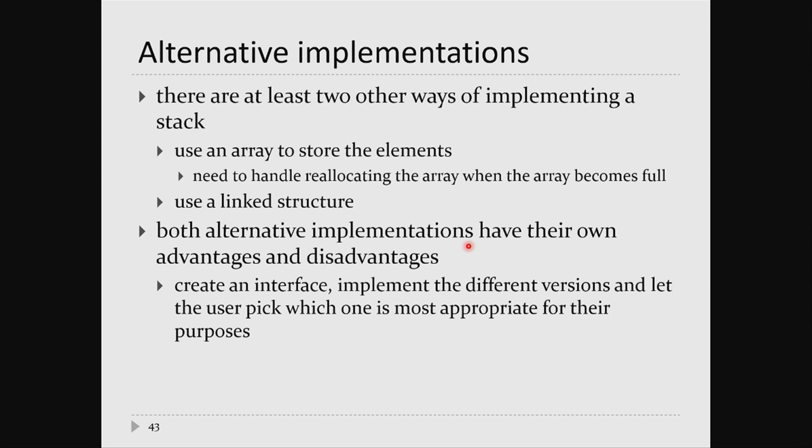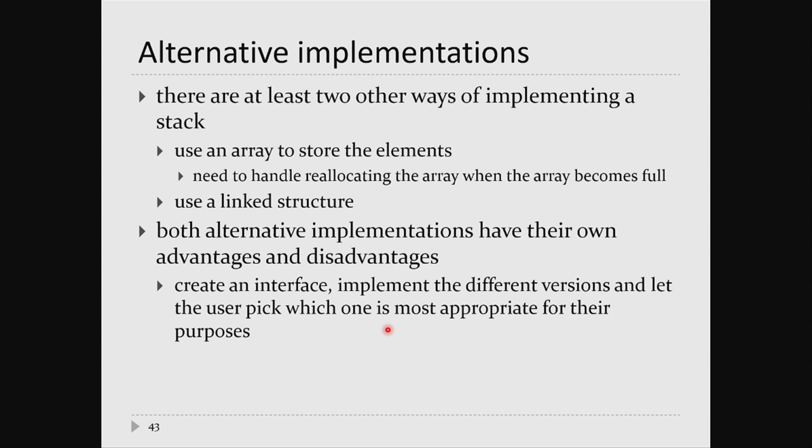So what you can do in this situation is make an interface for all stacks. I can then implement a stack in all three different ways, and let the user pick which one is most appropriate for their purposes.